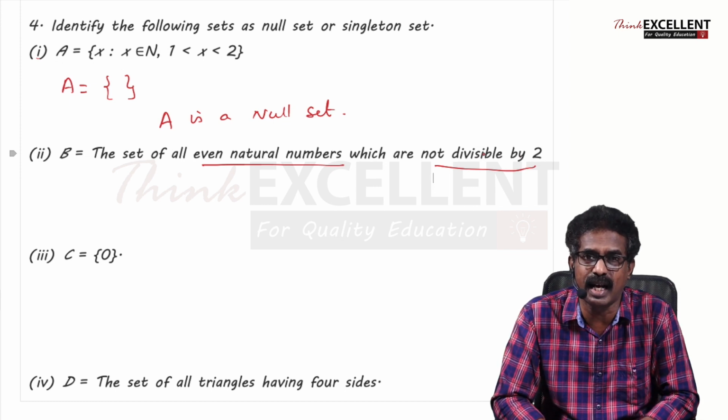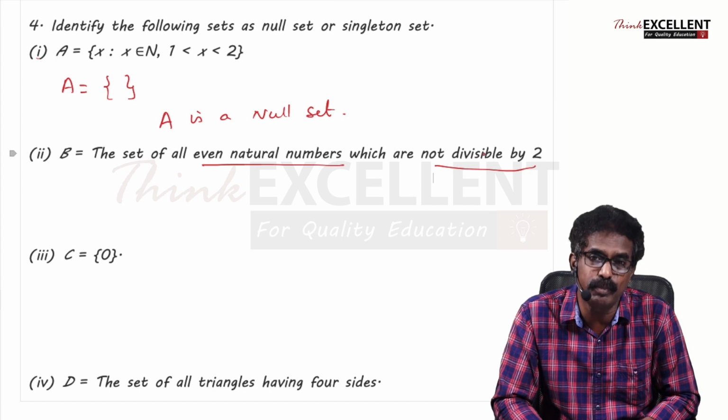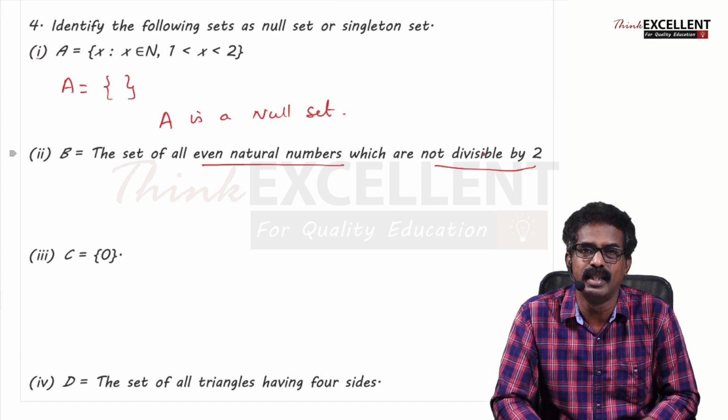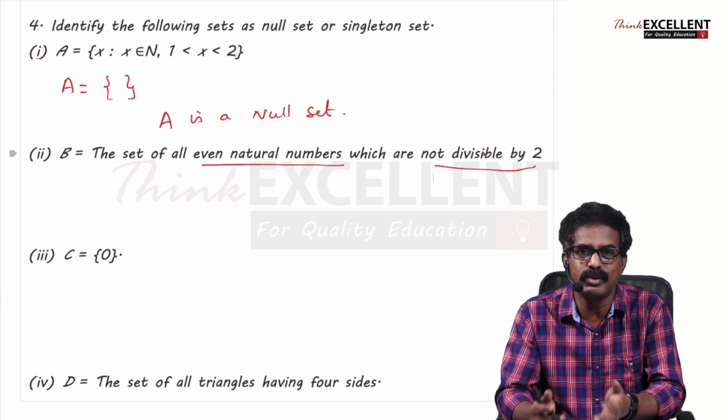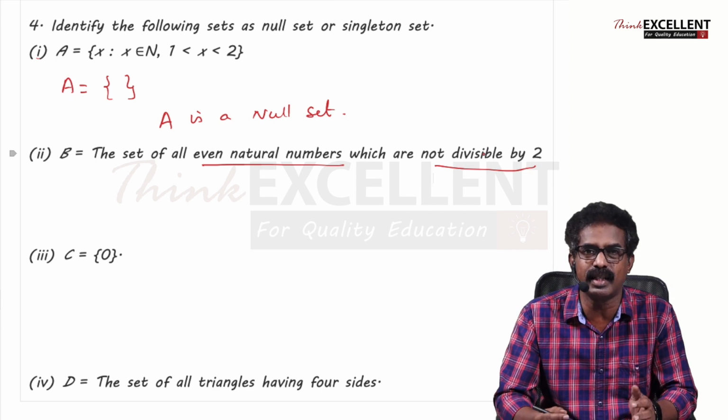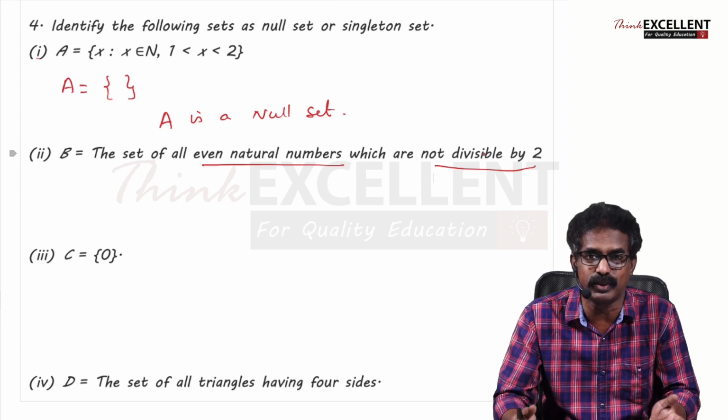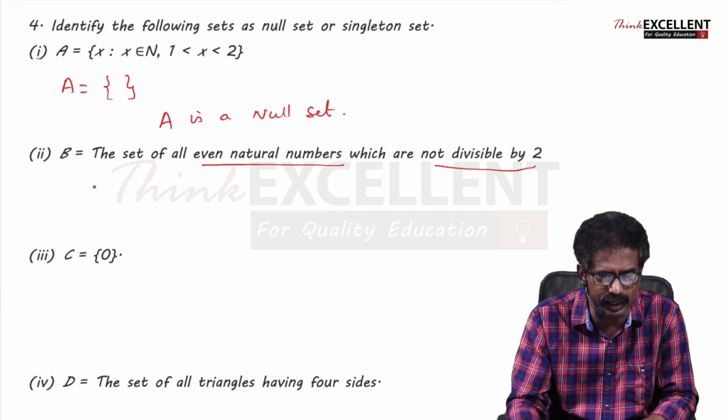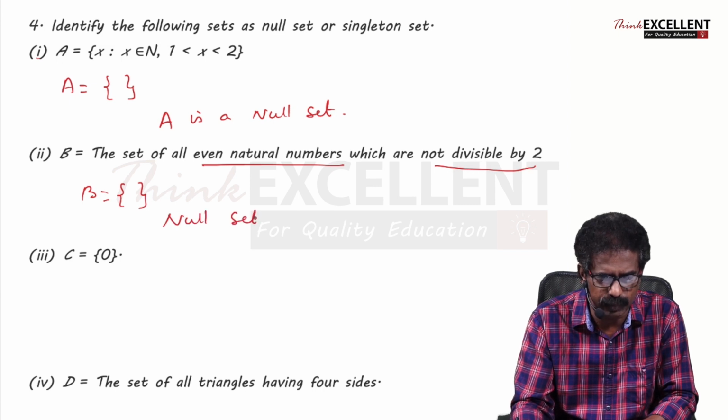Can you find an even number which is not divisible by 2? Not possible. An even number must be divisible by 2. So there is no such number, it is an impossible thing. So B is also a null set.